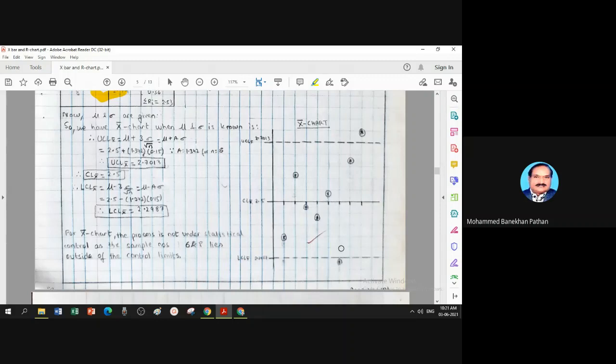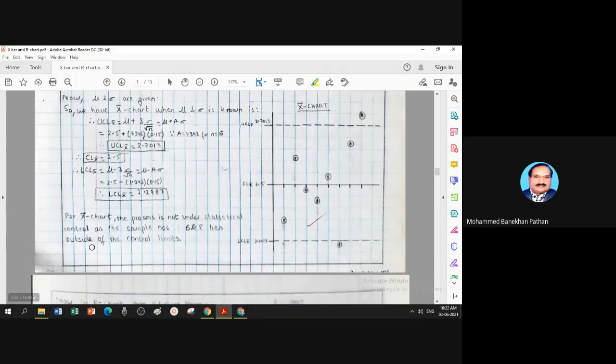This is the way of plotting the chart. As these 2 points fall outside the limits, the interpretation for the X bar chart is that the process is not under statistical control, because sample number 6 and sample number 8 lie outside the control limits.